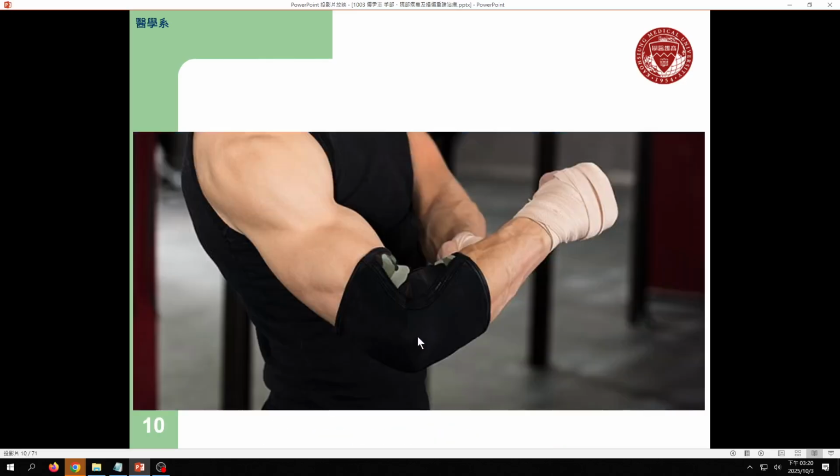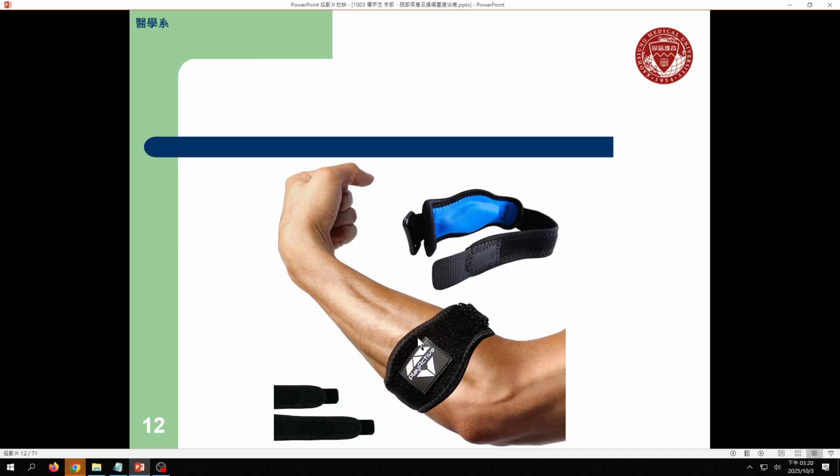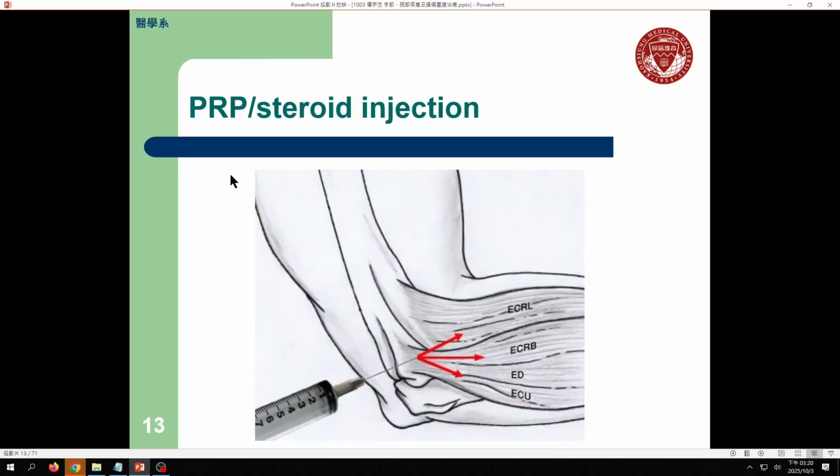That is okay. That's quite different. Okay, and then you wear this. If that still hurts at some point, you could do the steroid injection or PRP injection. PRP injection was originally not for the joint, for the knee joint.